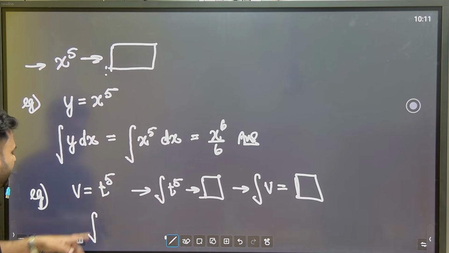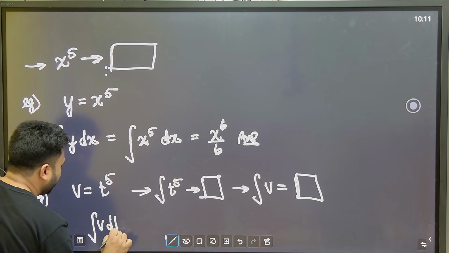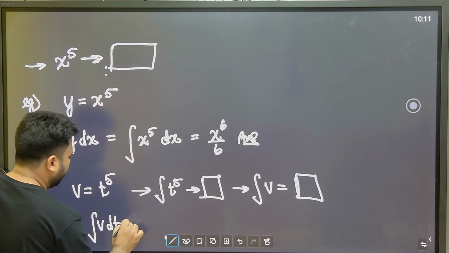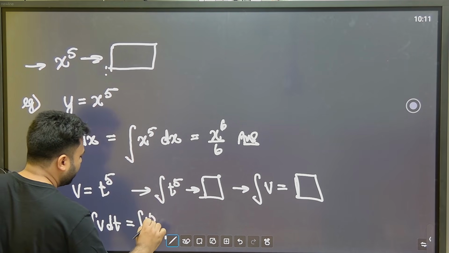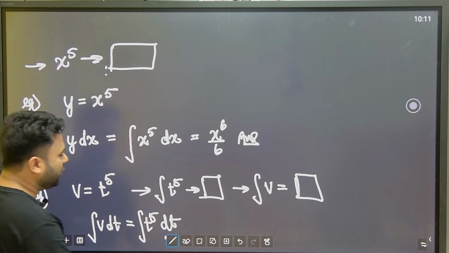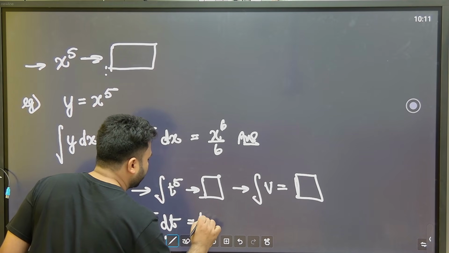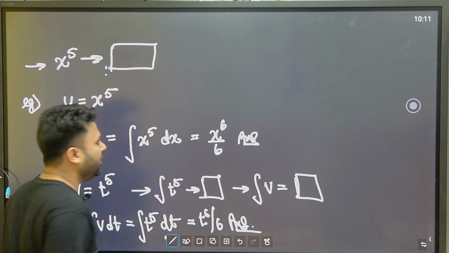Here v depends upon t. So integration of v dt. This is the format. So it will be integration of v, t to the power 5 dt. Now the integration of t to the power 5 will be t to the power 6 by 6. This will be the answer.